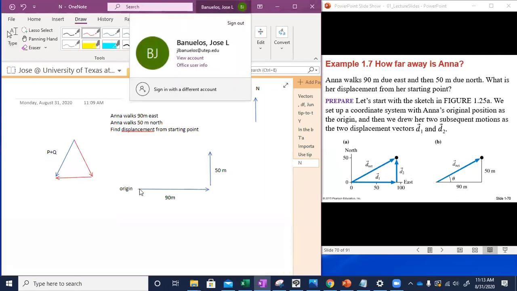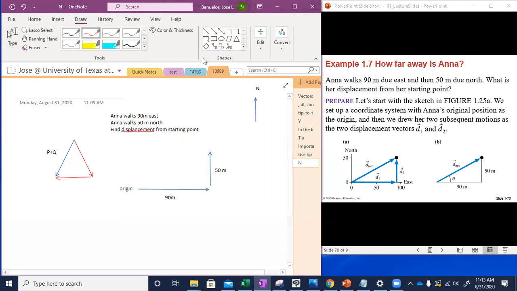The answer for the displacement is the arrow that connects the origin to where she ended up. This part right here we can label the displacement from origin, which is what we're looking for.